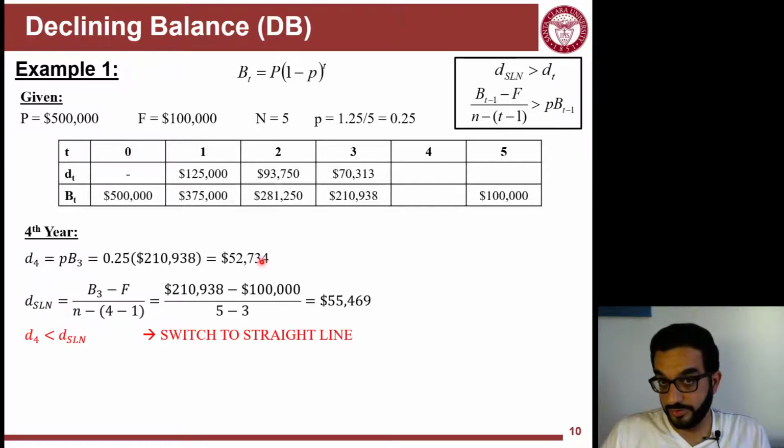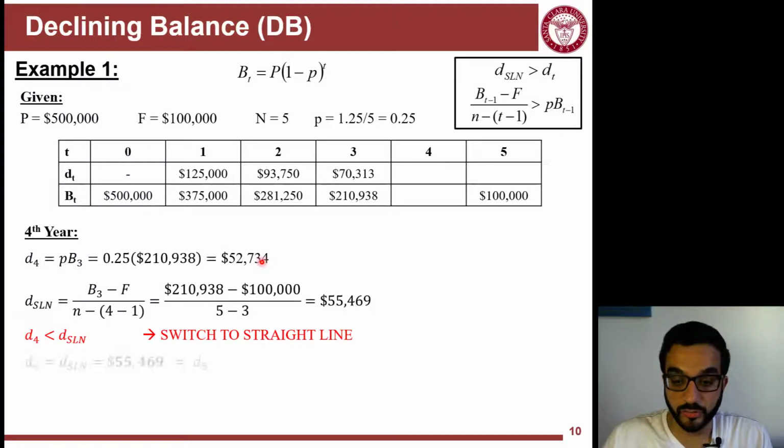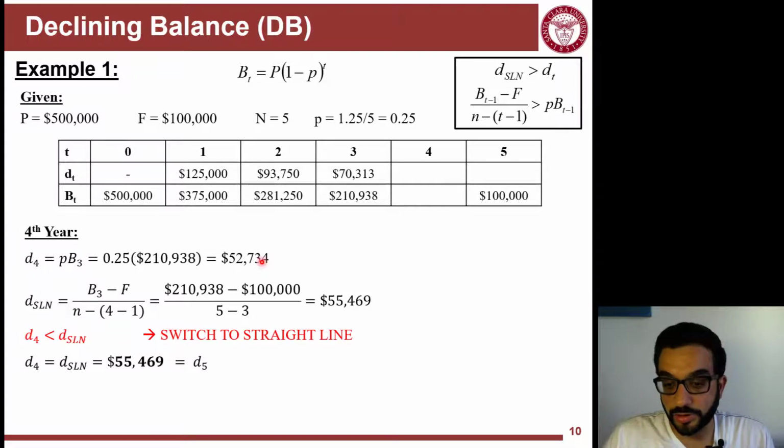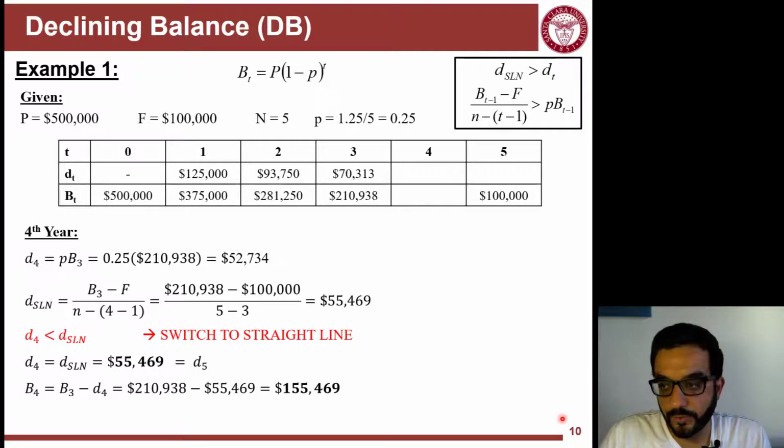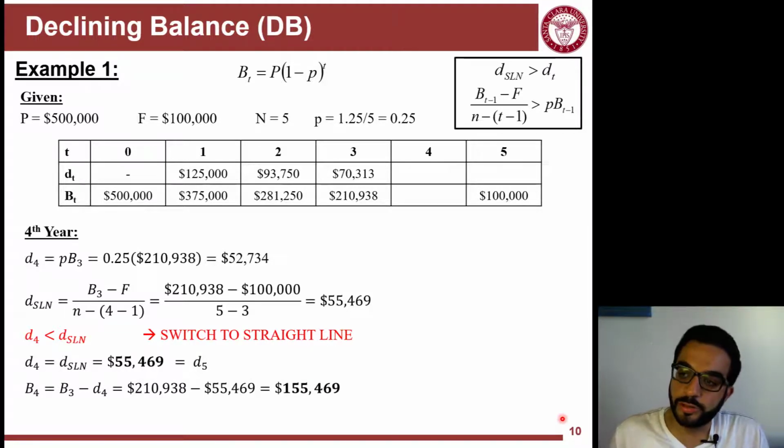What this means here is my life will become easier from now on. So the depreciation amount in the fourth year would be equal to the latest depreciation of straight line that I have, which also will be equal to the depreciation that will happen in the next year, which is the fifth year. So the book value at the end of the fourth year would equal, now I cannot use this formula anymore because I'm disregarding now the declining balance.